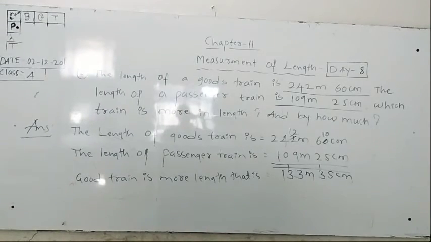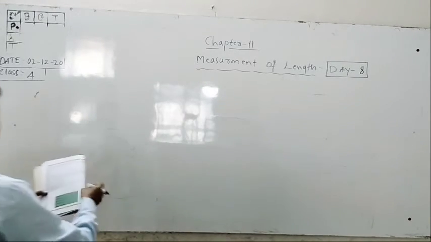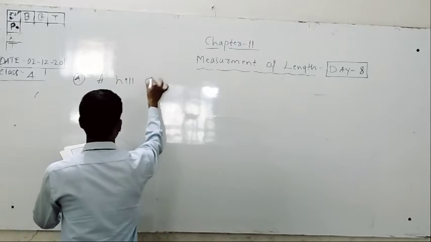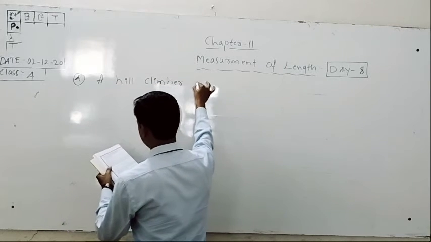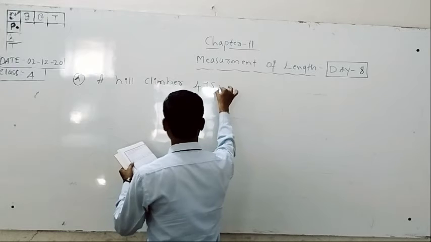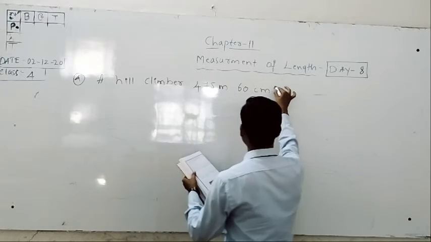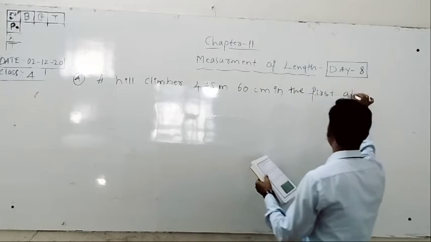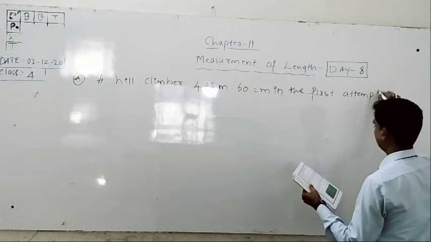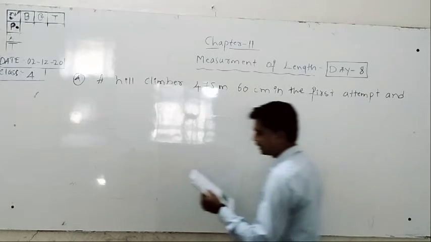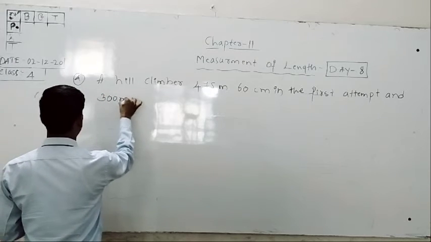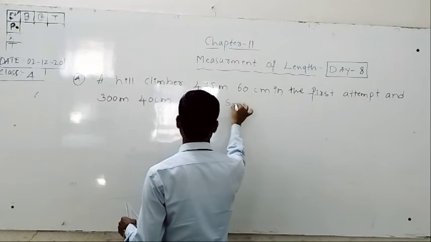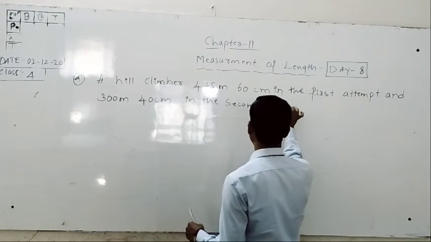This one I will solve. Next question: a hill climber climbs 475 meter 60 centimeter in the first attempt and 300 meter 40 centimeter in the second attempt.